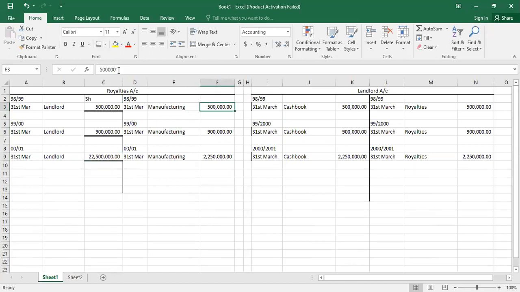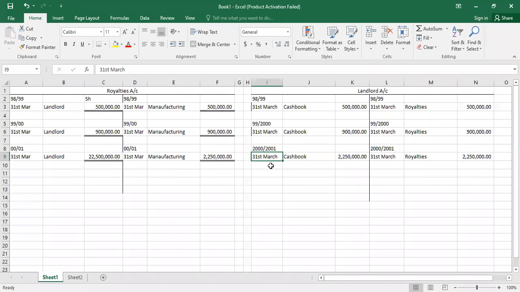So if you look at the order of my entries, the order in which the entries are made in the accounts was in accordance to the introductory journals. So I was posting them as they come. The first transaction is when you enter into the contract with the lessor or the landlord: you debit the royalties account, you credit the landlord's account.